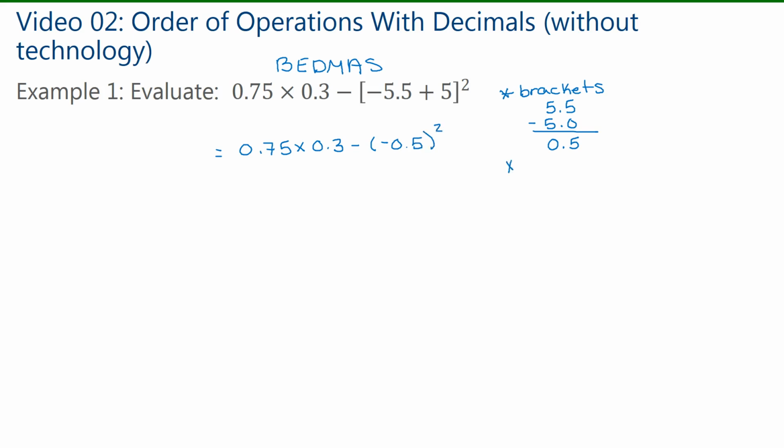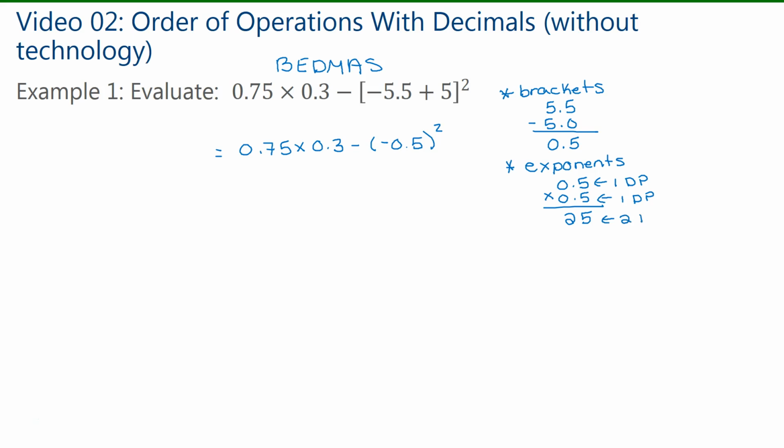Now, brackets are done. We'll move on to our exponents next. Here we need to square negative 0.5. I'm going to multiply 0.5 by itself. 5 times 5 is 25. Now I'm going to determine my decimal places. This number has 1 decimal place. This number has 1 decimal place.